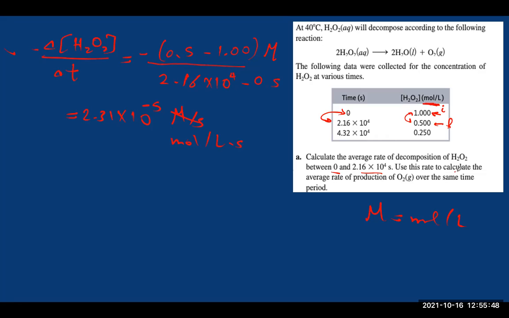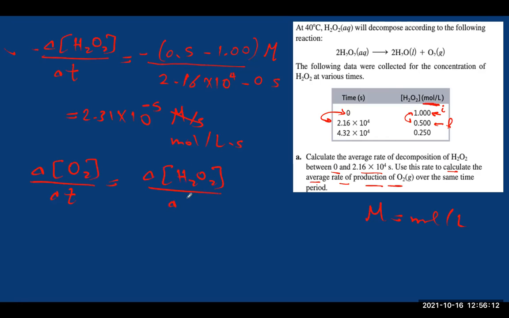Use this rate to calculate the average rate of the production of O2. For this one, we don't have any information related to O2, but we need to use the values that we already calculated to find the change in the concentration of O2 in the same period. So we need to make the relation between the change of concentration of O2 and the change of H2O2.